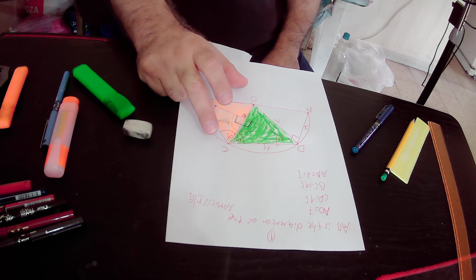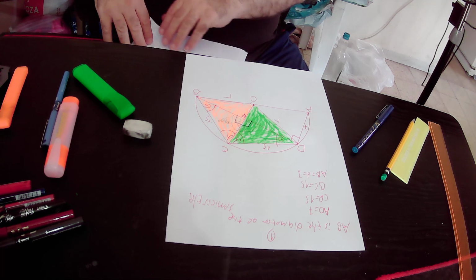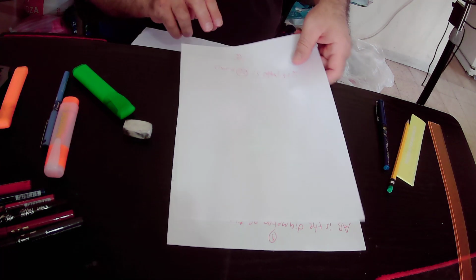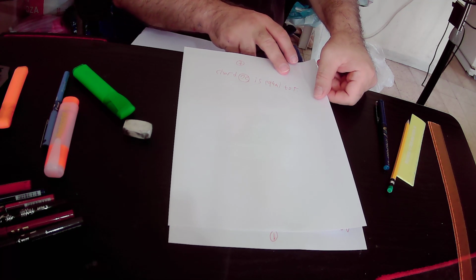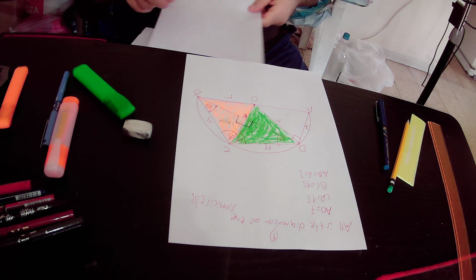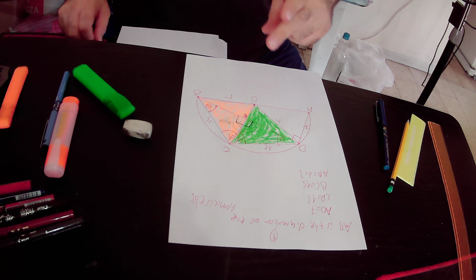OC is the radius of this semicircle. Chord OC is equal to R. And so OC is the radius of this semicircle, must be a straight line.